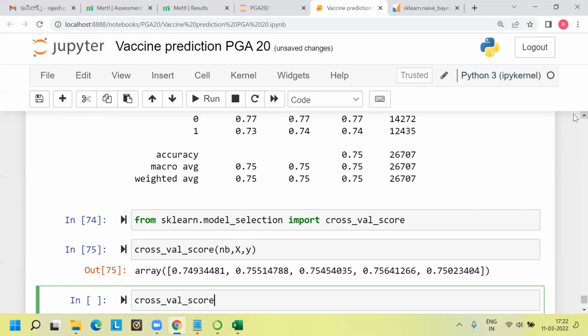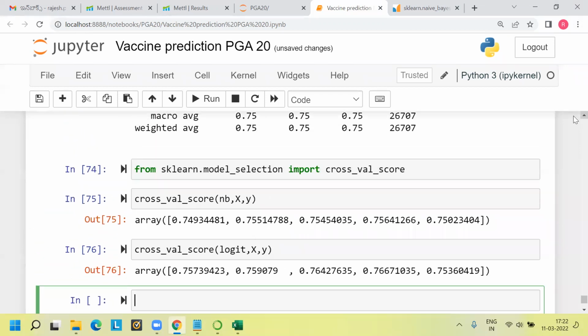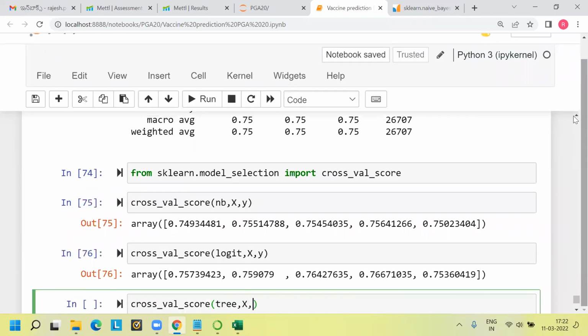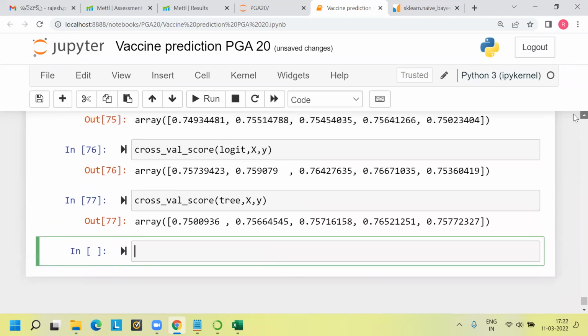cross_val_score for logistic regression, right? Logistic regression X comma Y. See, all of them are closer to one another. Overall, the fit is also good for logistic regression, right? cross_val_score with 3 comma X comma Y. See, 75, 76.